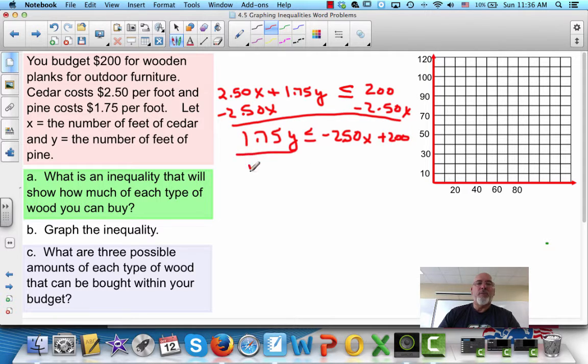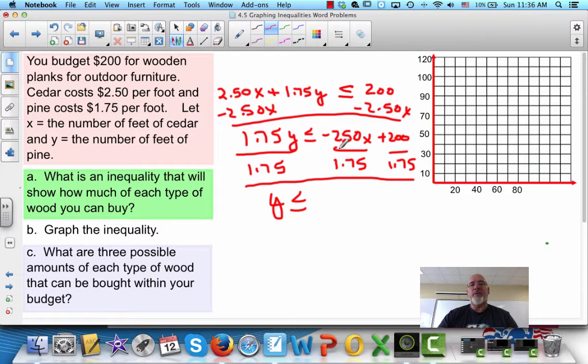We divide by 1.75 on both sides, and we do it to everything. Remember that, okay? So we do our division and we get y is less than or equal to, I've already done this and it comes out to be negative 10 over 7.